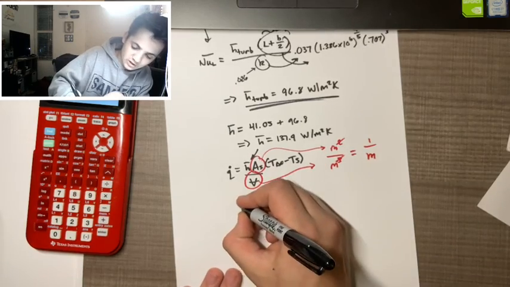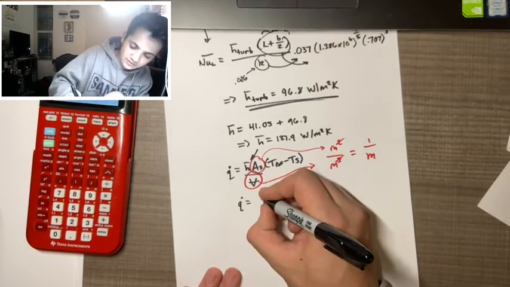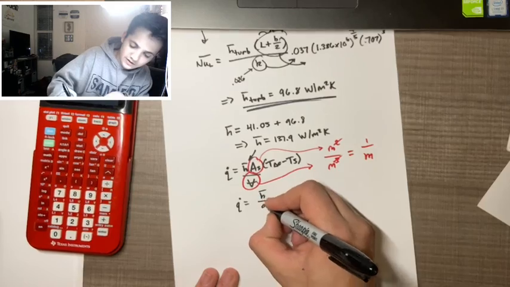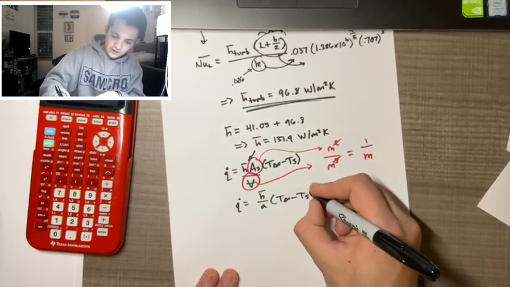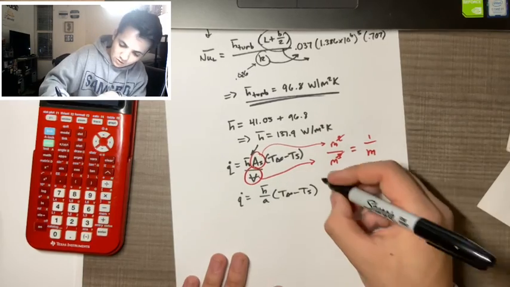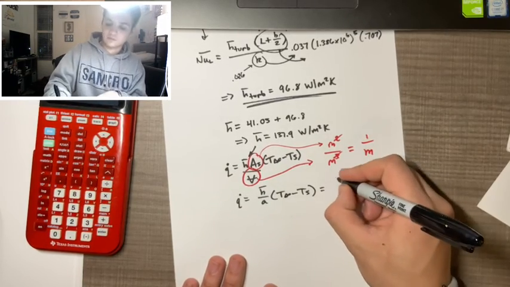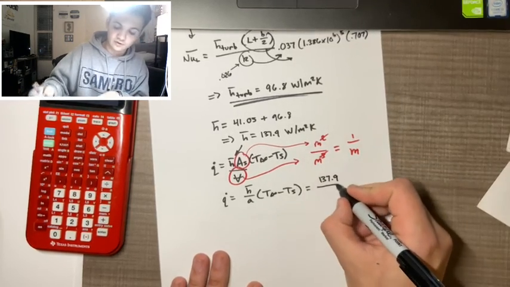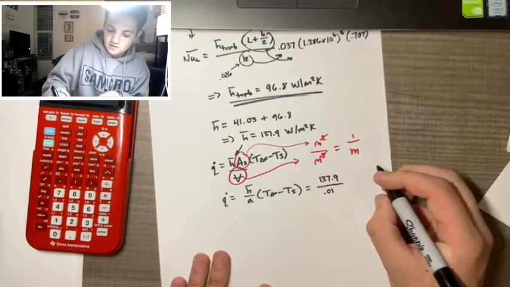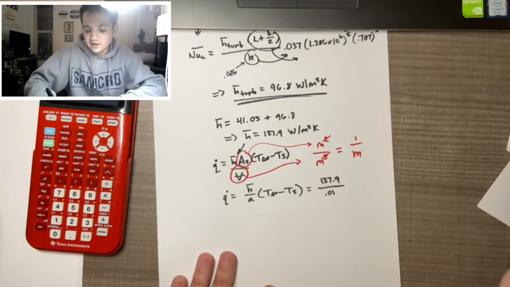So our Q dot equation becomes h-bar over A times T infinity minus T_s. So we'll plug in what we got: 137.9 divided by 0.01 meters. Remember, convert to meters to keep the units consistent.